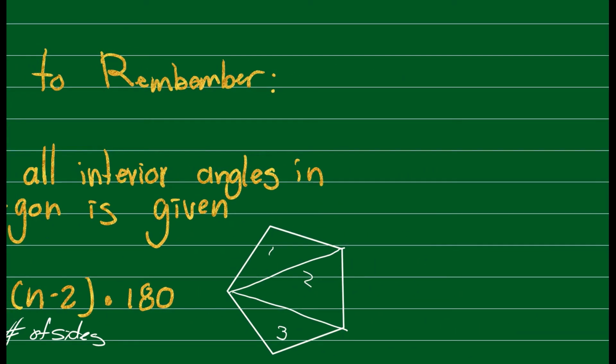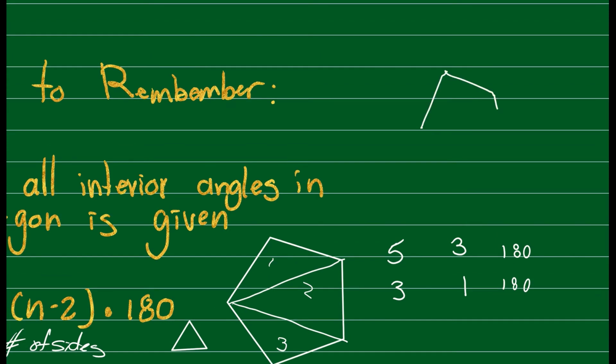So we have 5 sides, we have 3 triangles, and each triangle has 180 degrees. If we create something that has only 3 sides, there you go, 3 sides, how many triangles? 1 triangle, 180 degrees.